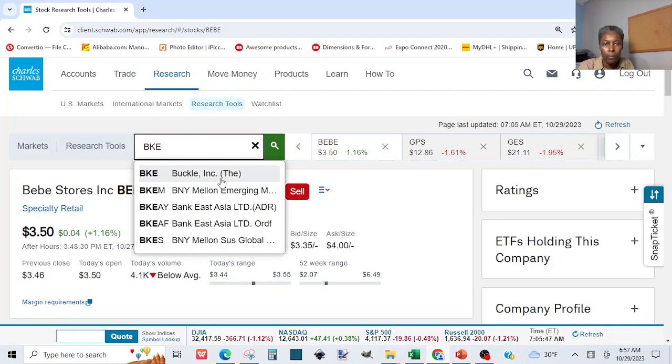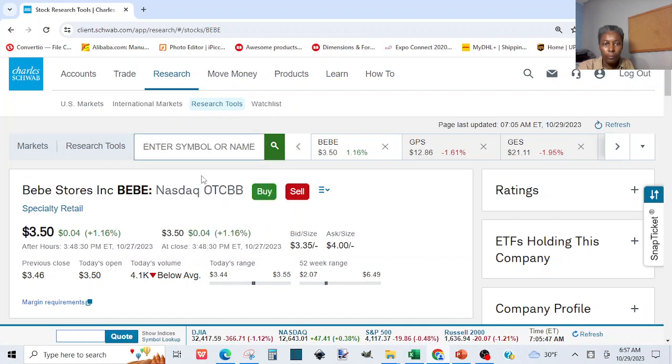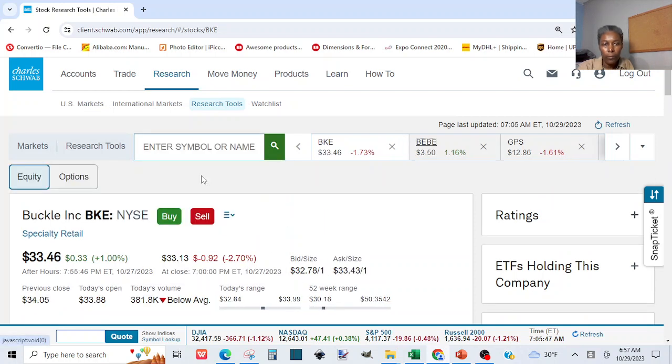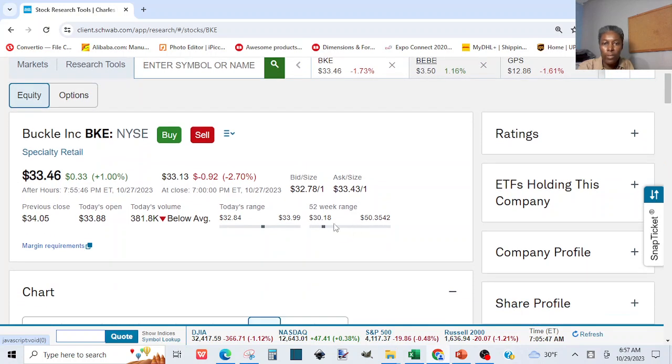BKE. So Buckle Inc passed the third criteria, it is selling on the New York Stock Exchange. You record the 52 weeks lowest price and 52 weeks highest price. So 30.18 to 50.35. And while you are there, you can pay attention to the price it is selling at now relative to the 52 weeks range.